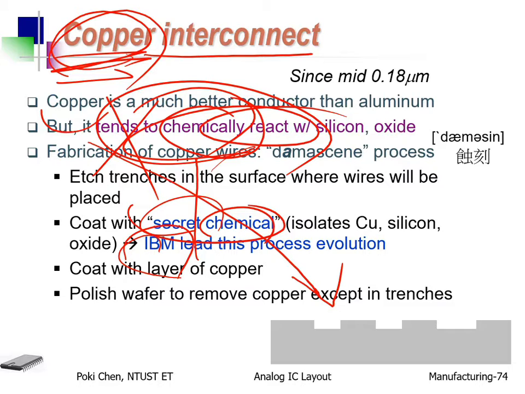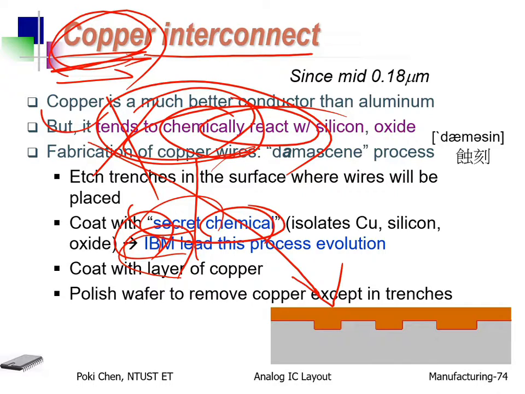So to stop such kind of reaction, some secret chemical. What kind of secret chemical? Don't ask me, okay? From the beginning, only IBM knew it. So after you deposit such kind of secret chemical, then there is no reaction between the copper and the silicon layer, right?